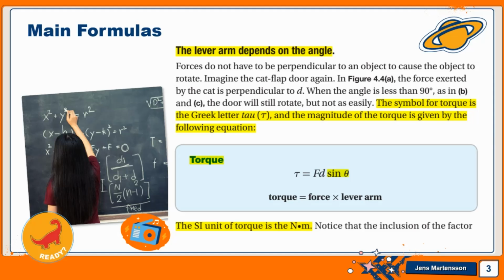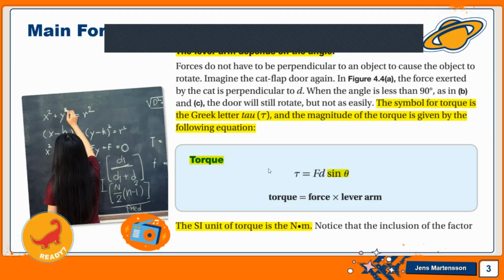So as you notice, the more forces you apply, you're going to be doing more procedure. But in this case, we're going to focus just on the main formula. A force multiplied by the distance. This force is applied from the pivot, or in this case, the rotational point.